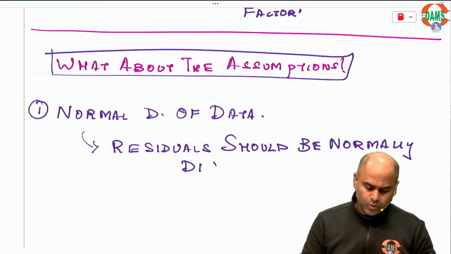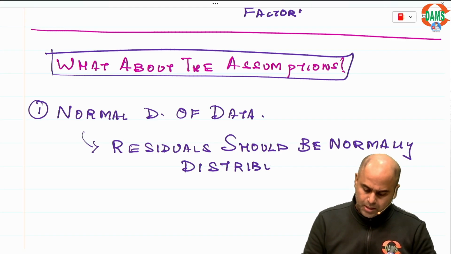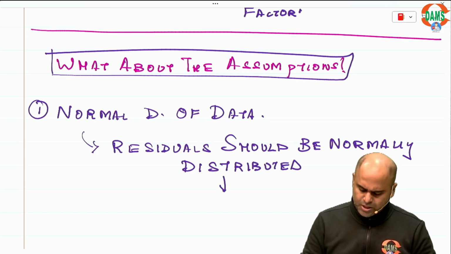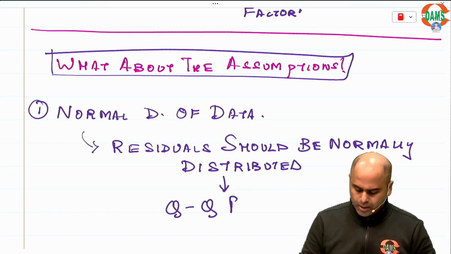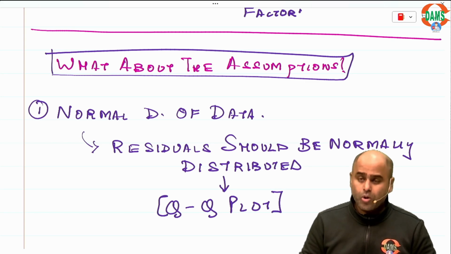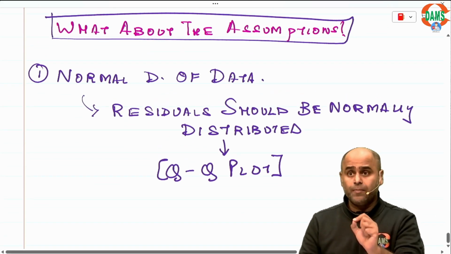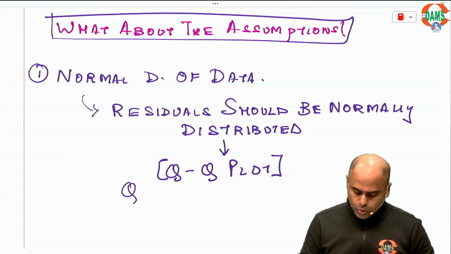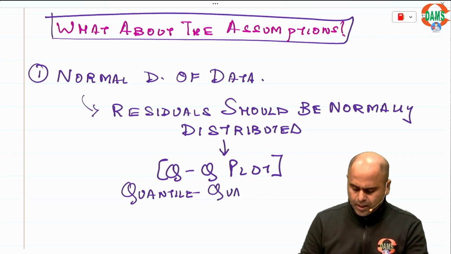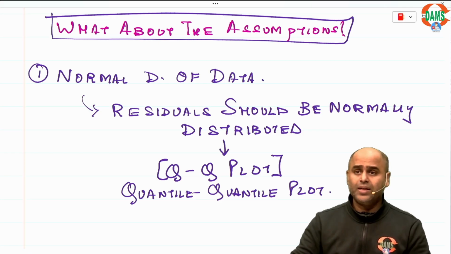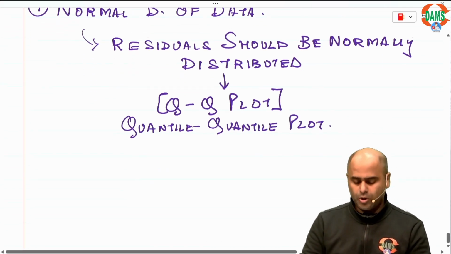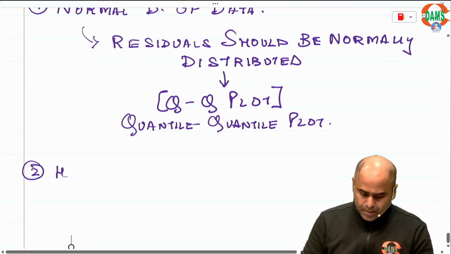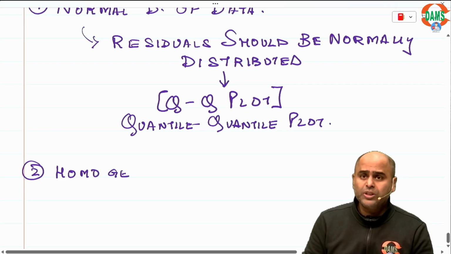Now, how do we know this? For this, we draw an image which is called the QQ plot, that is the quantile plot. This is a common MCQ in entrance exams: the use of a QQ plot to check the distribution of data, whether it is normal or non-normal.